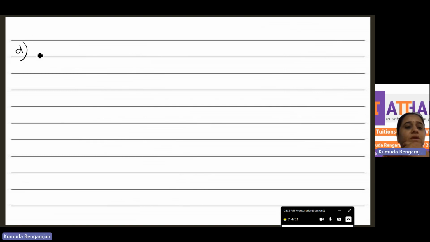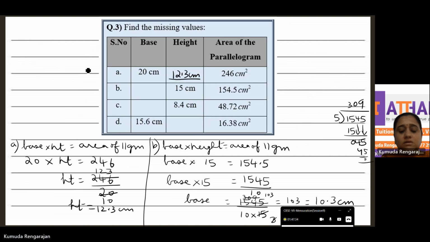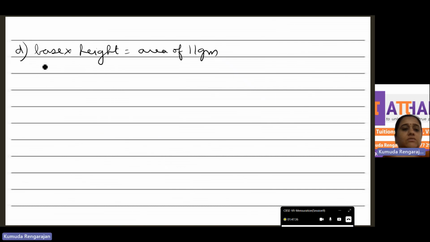Yeah, tell me all of you. Base into height is equal to area of parallelogram. 15.6 into height is equal to?